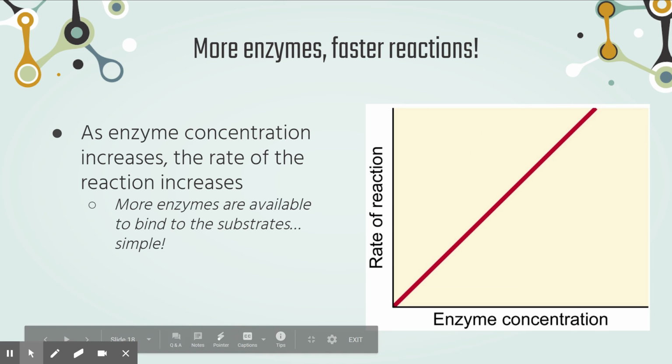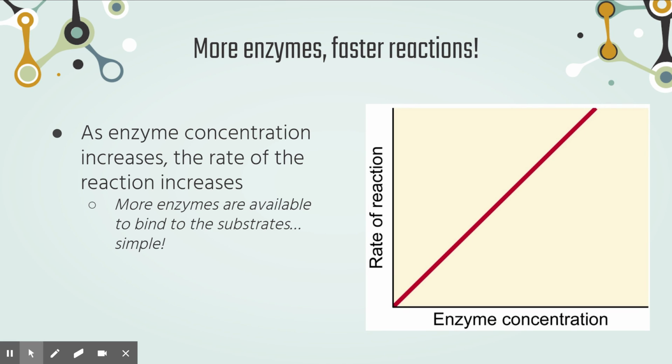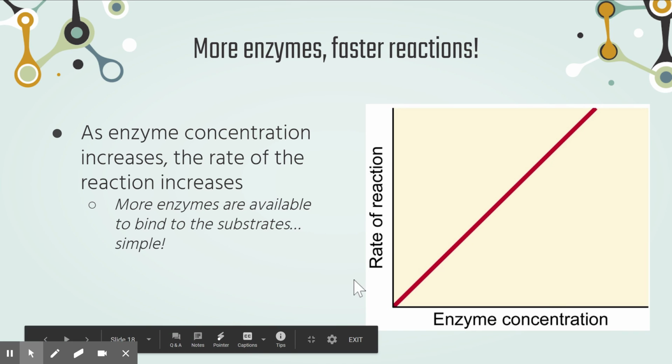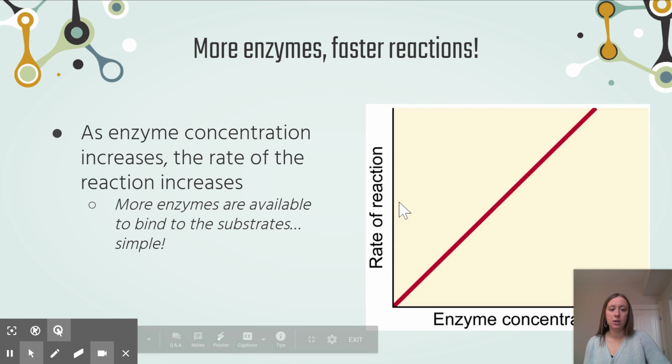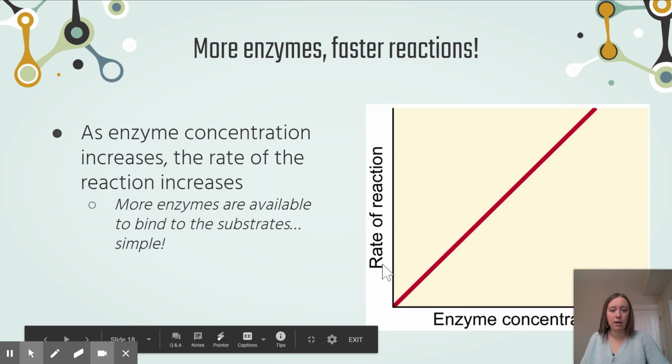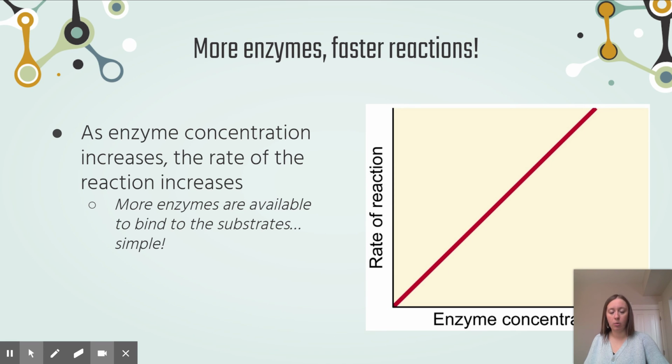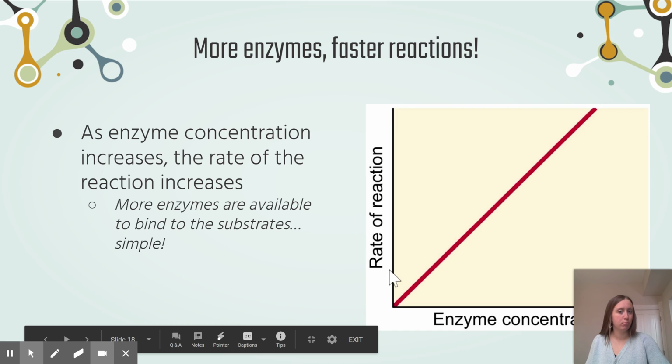So in assignment 50 later, we're looking at a couple different graphs and how to interpret them. Looking at the graph here, we have rate of reaction on our y-axis. Every single graph is always going to have that on the y: rate of reaction, reaction rate. Then at the bottom, we have enzyme concentration.